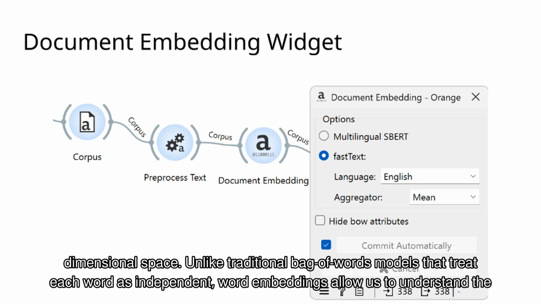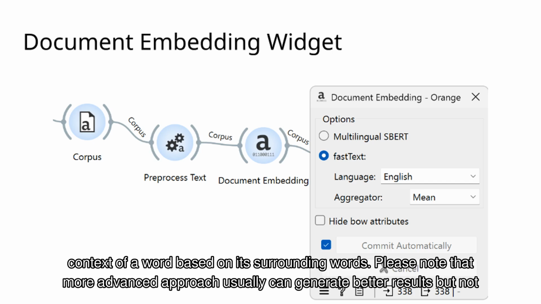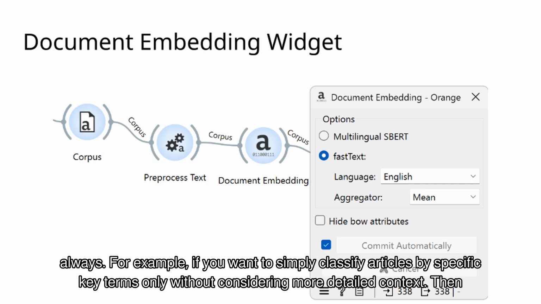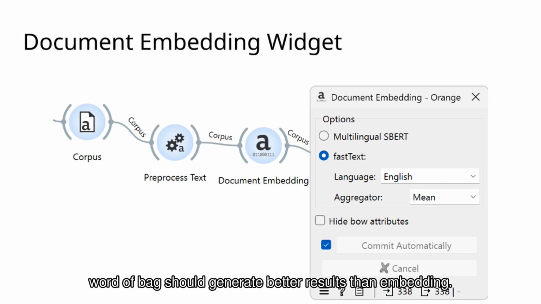Unlike traditional bag-of-words models that treat each word as independent, word embeddings allow us to understand the context of a word based on its surrounding words. Please note that a more advanced approach usually can generate better results, but not always. For example, if you want to simply classify articles by specific key terms only without considering more detailed context, then bag of words should generate better results than embedding.